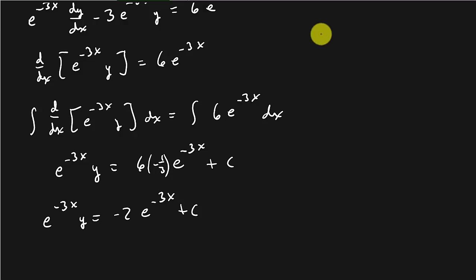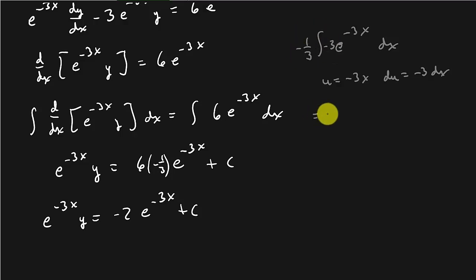Now, let me just come over here real quick, because you should know how to do this. Let's just integrate this. Remember how you did that? You would use u substitution. u equals negative 3x, du is negative 3 dx. So we need a negative 3 out here, so we multiply by negative 3 and come out and multiply by negative 1/3.